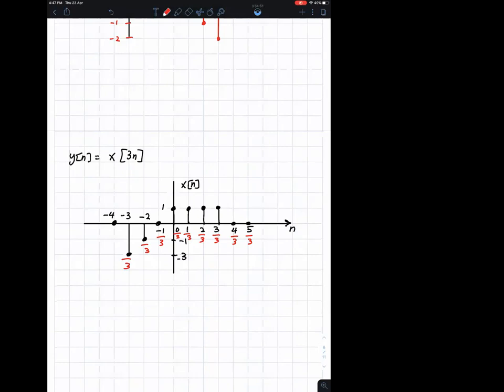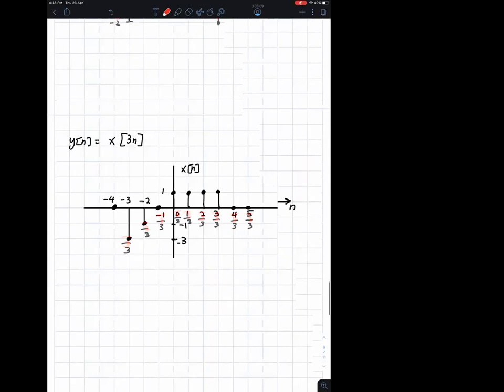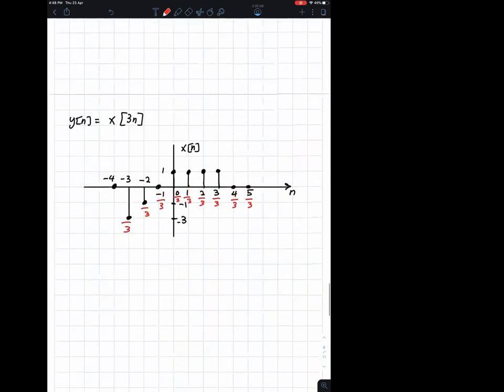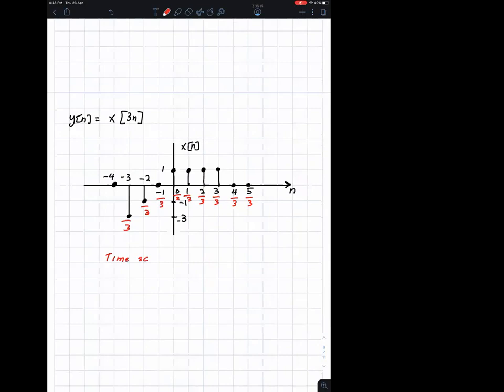Wherever there's no integers, just ignore it. Yn looks at only every third value. That means time scale, plot only integers. So you time scaled, that is divide by 3, plot only integers.